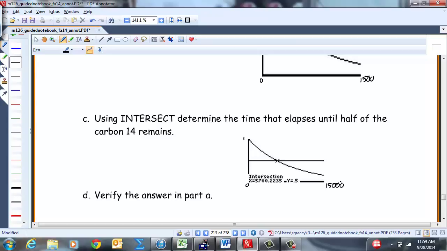Okay, so T is approximately 5,700 years.